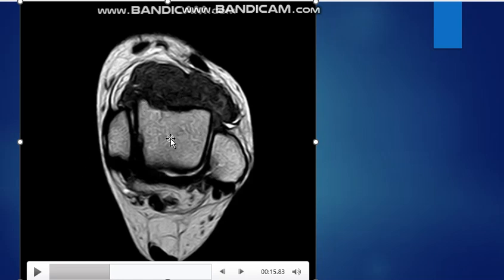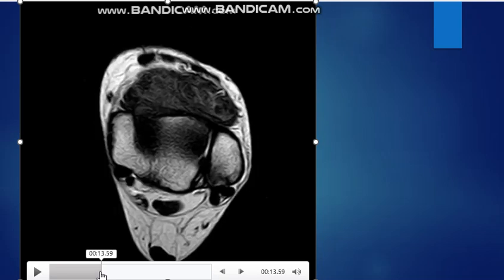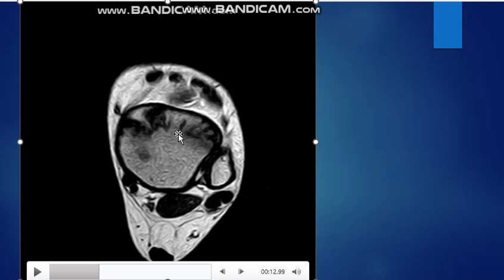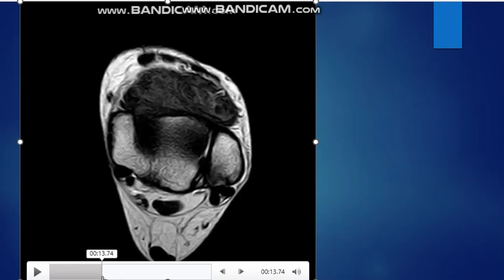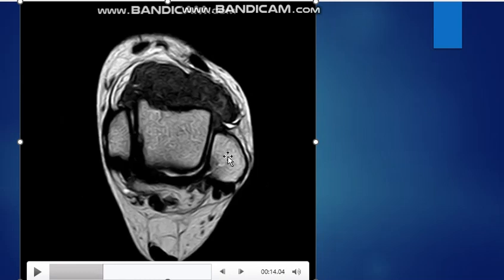Here's the talar dome, and here is the tibial plateau and talar dome. This is the medial malleolus, and this is the lateral malleolus of the fibula. And here is the mass of low signal on T2. So the mass is of intermediate signal on T1 and low signal on T2.